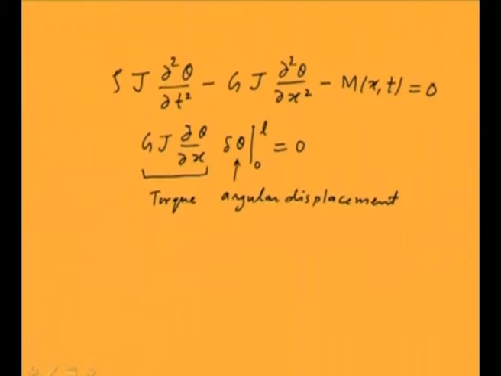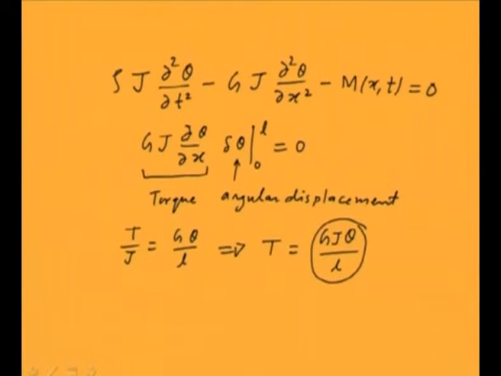Through the strength of materials formula, we know that T by J is equal to G theta by L. So you can see that T is equal to G J theta by L. This is identical to this particular term, and that's why we are calling this a torque.